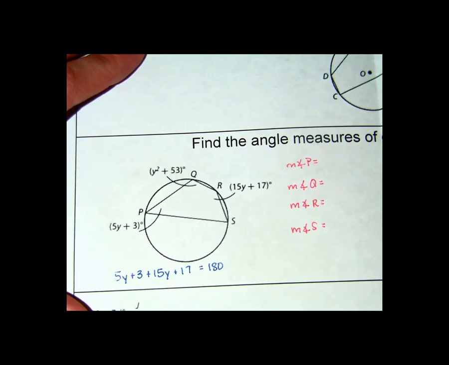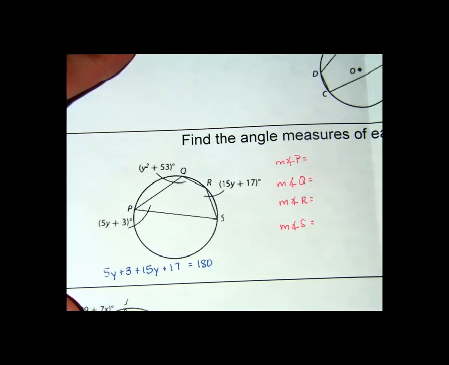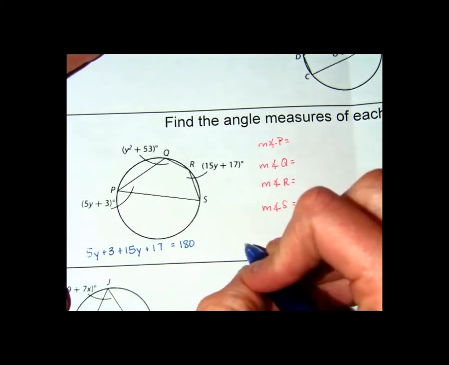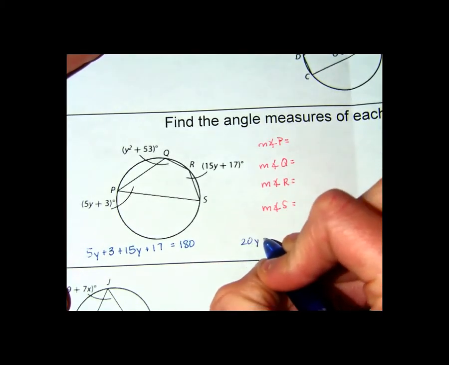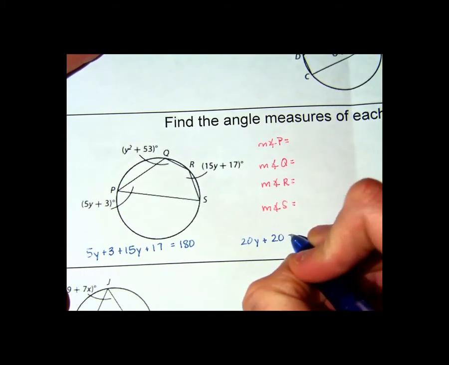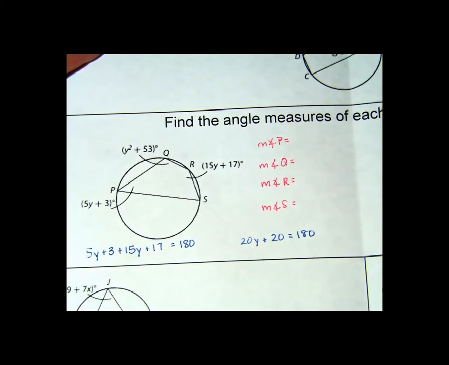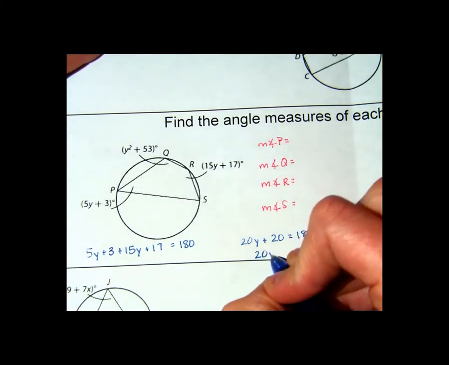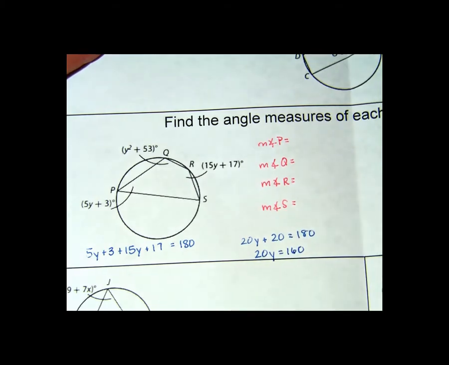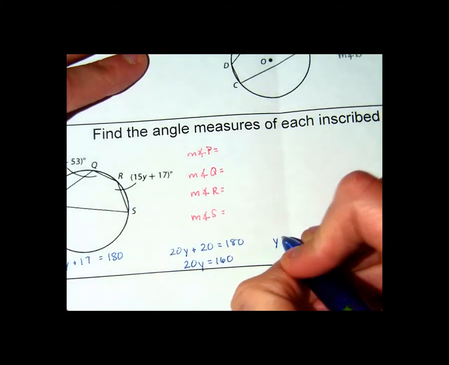And then we're going to solve from there. So 5y plus 15y gives us 20y, plus 3 plus 17 is 20, equals 180. Subtract 20 and we get 20y equals 160. Divide by 20 and we get that y equals 8.